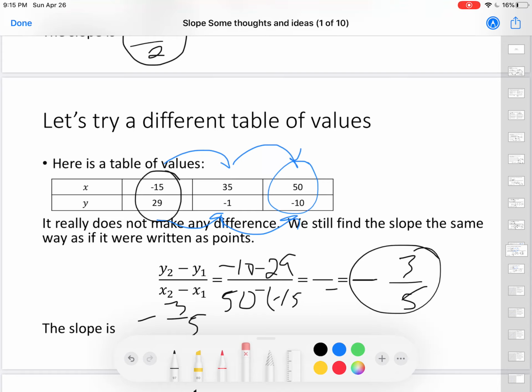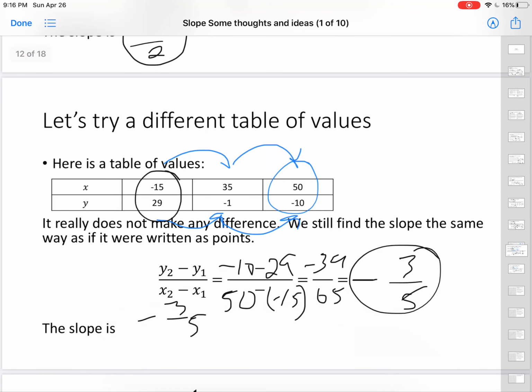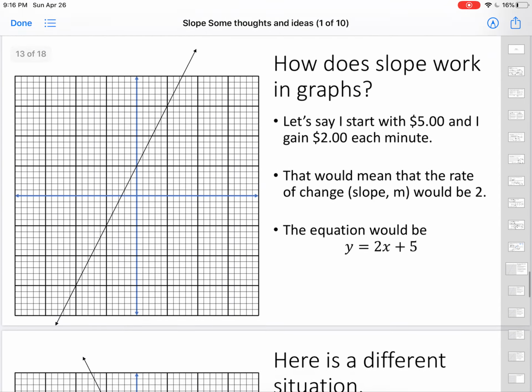Okay, that's going to change these. Negative 10 minus 29 is down and down some more, is negative 39. 50 minus negative 15, that's up and up some more, that's 65. Divide them both by 13, negative 3/5. Same slope. Didn't matter which points I used.